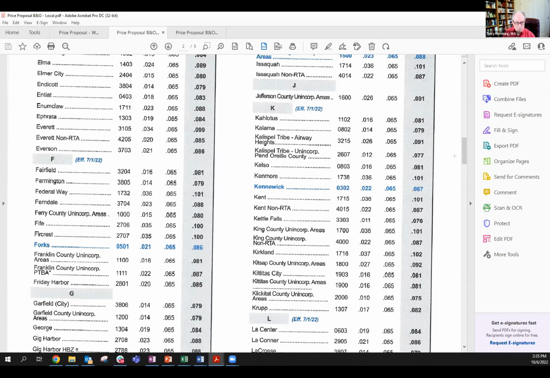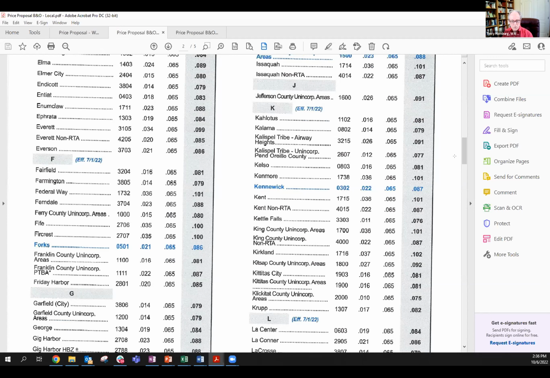And so we see there, Kitsap County is only for unincorporated areas. So if the job was in Silverdale, we call it a town, but it is unincorporated, you're going to have to pay B&O tax. And what is that tax rate?